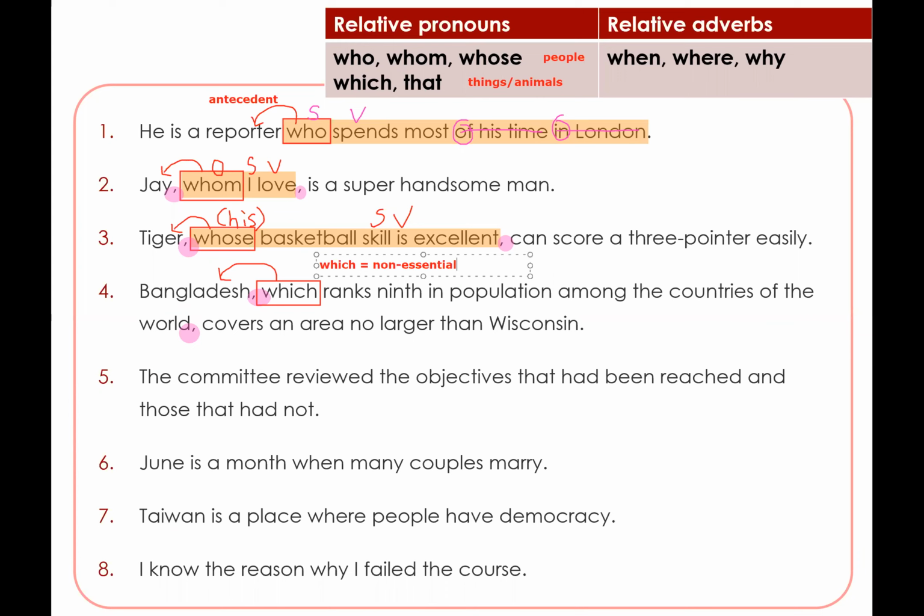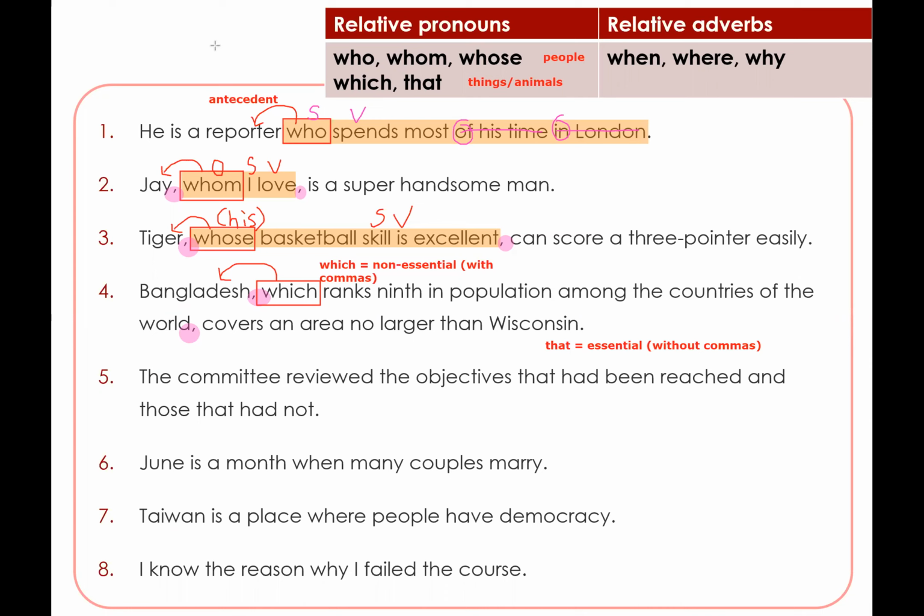So it is always used with a comma, whereas that is used with an essential adjective clause, like in sentence number 5. So it is used without commas. For number 5, the committee reviewed the objectives that had been reached and those that had not.